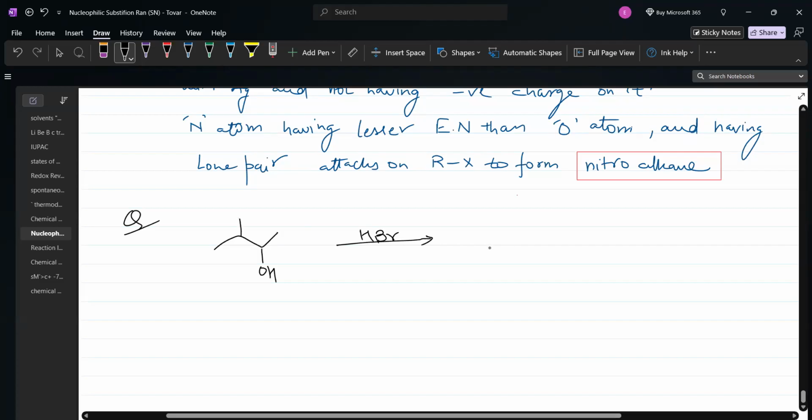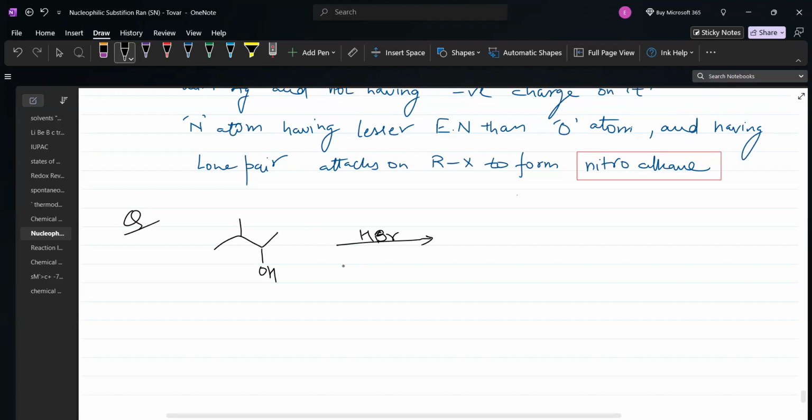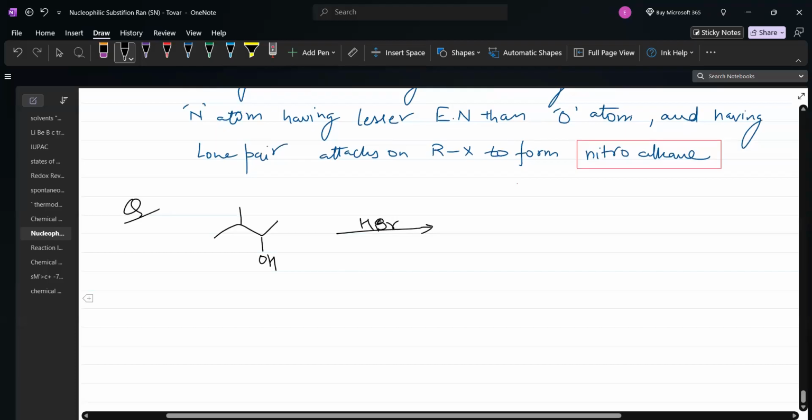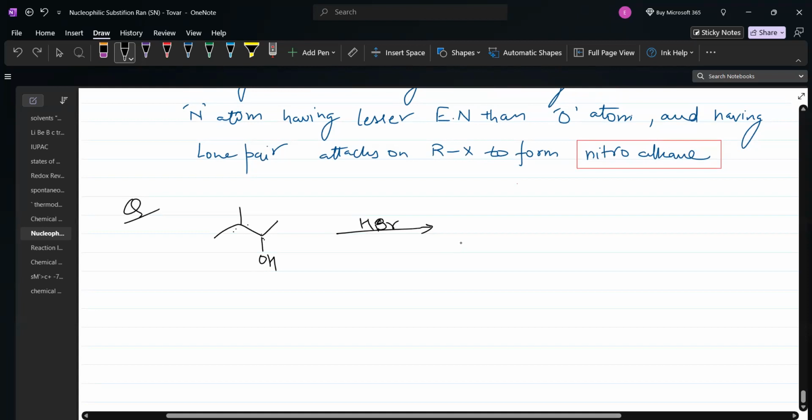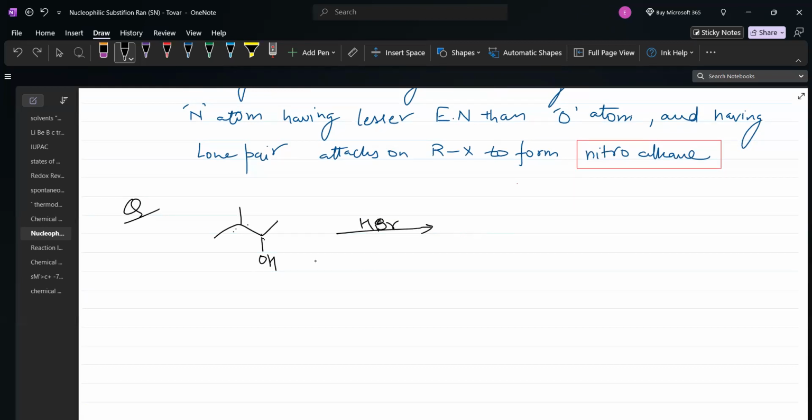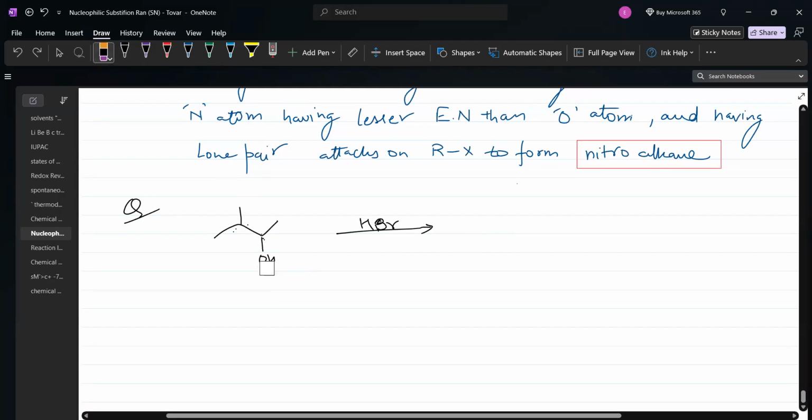So this is the question, and we are going to solve it. See, this is one of the examples of an SN1 reaction. So in this, let me add bromine here. We're having bromine here. That will be the SN1 reaction.